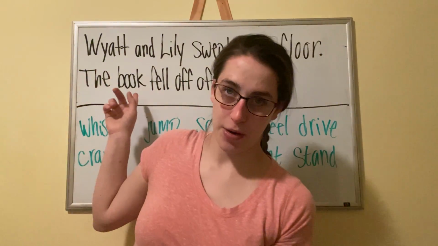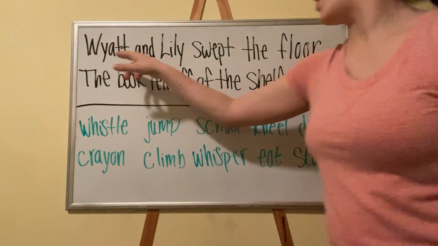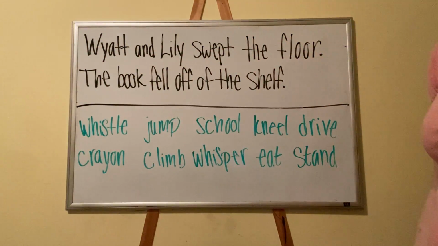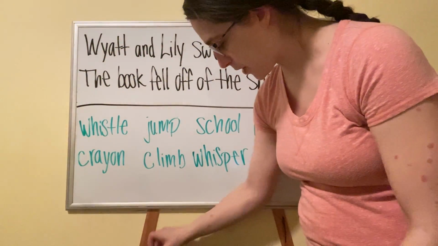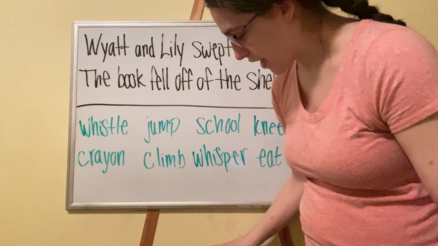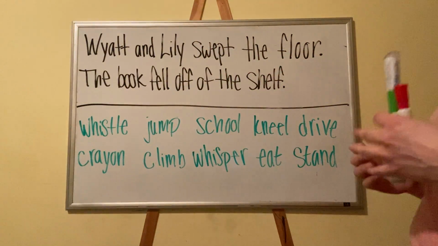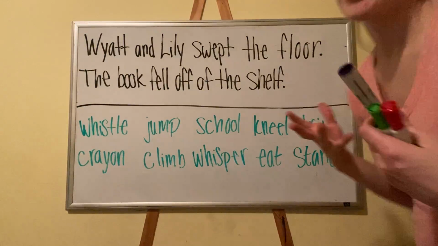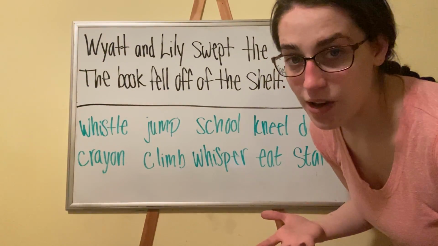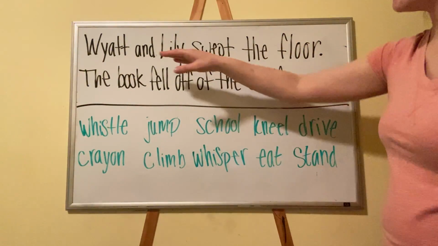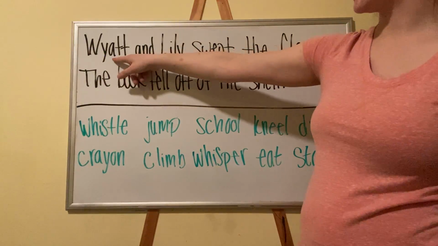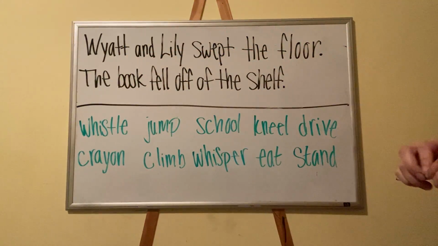So for example, look up here at the top where I have Wyatt and Lily swept the floor. You've got a subject part and you've got a predicate part. But first we want to separate the two. So I want you to either think in your brain or say out loud where you would separate the subject from the predicate in this first sentence. Wyatt and Lily swept the floor.